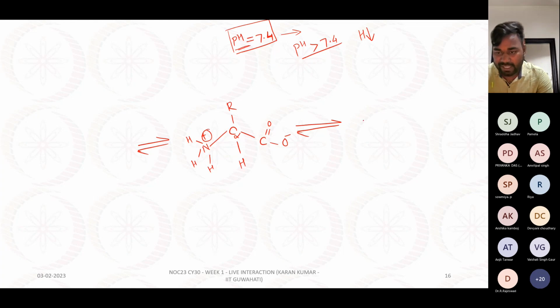This amino acid, the carboxylic carbon, is already negatively charged.